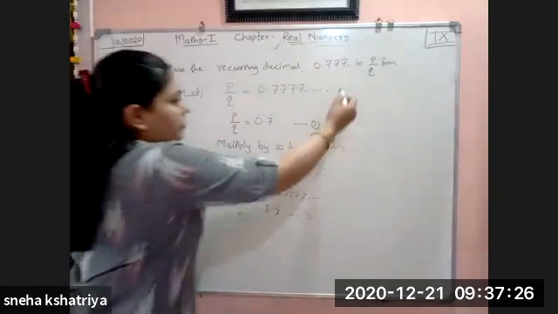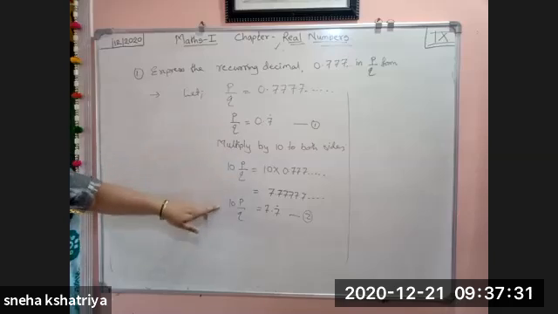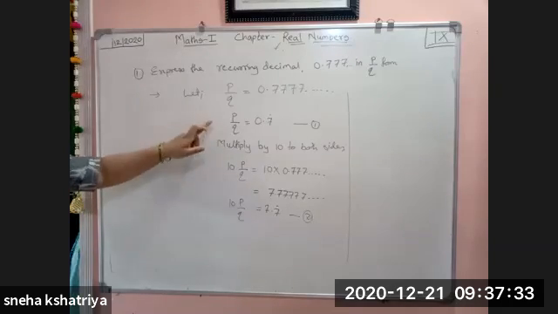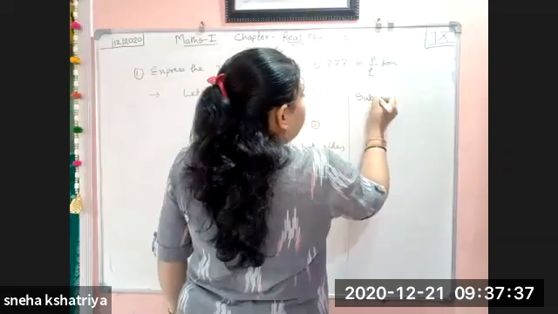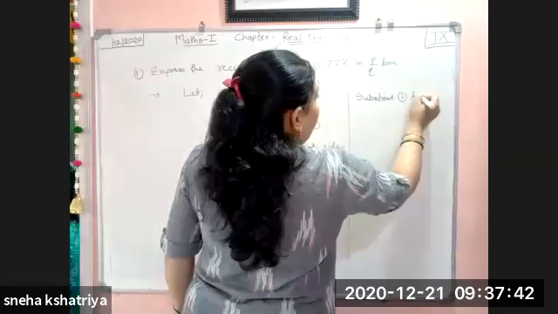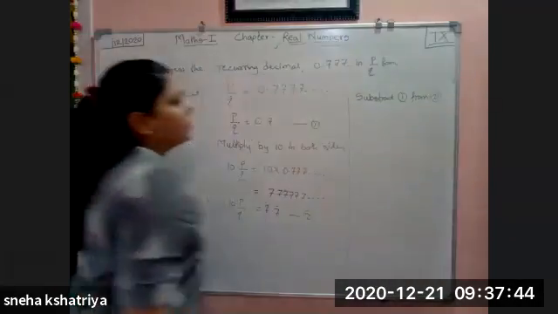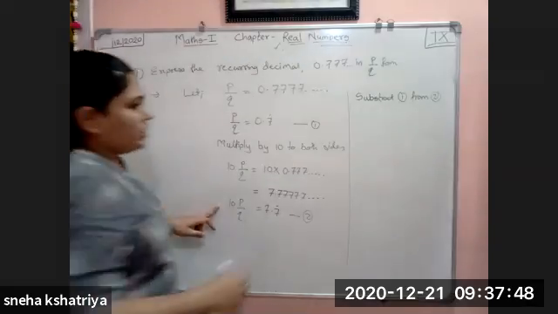Now subtract equation 1 from equation 2. We have to subtract 1 from 2. So what is equation 2?